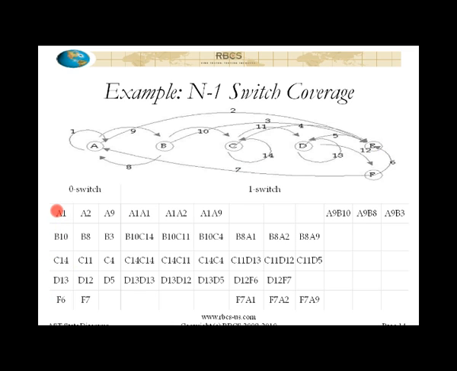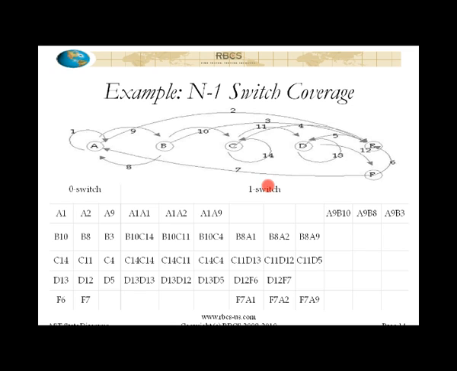So we have, in this case, 5, which is less than 6. So the number of rows in the switch table will always be equal to or less than the number of states in the state transition diagram. The number, well, let me back up just a second. There are two halves or two parts to the switch table. There is the zero switch part, and in this case, the one switch part.